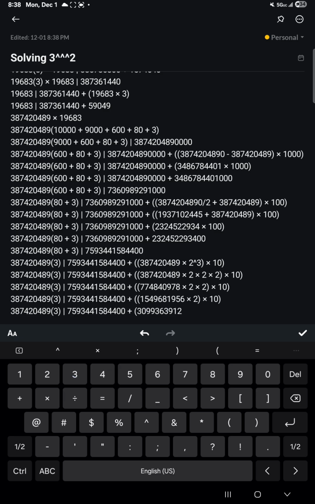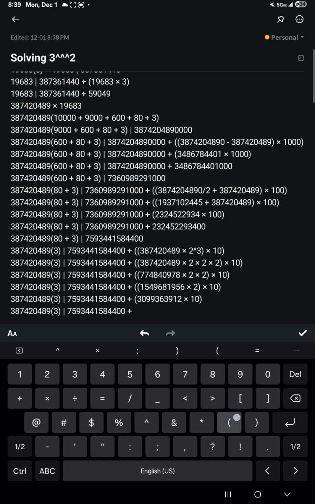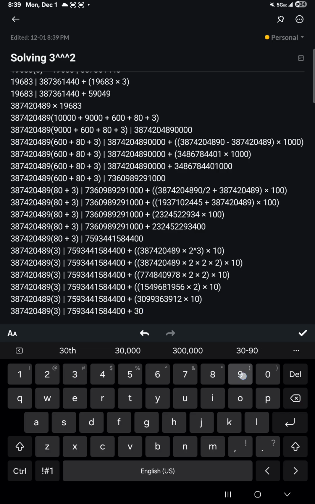Wanna see if this is right. Let's see. Let's see. Yep, I'm right. Let's go ahead and multiply that. 99363910.